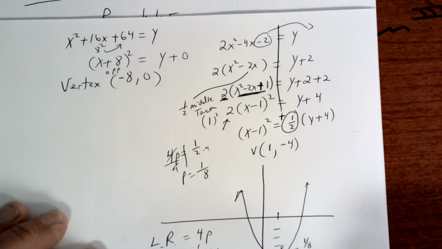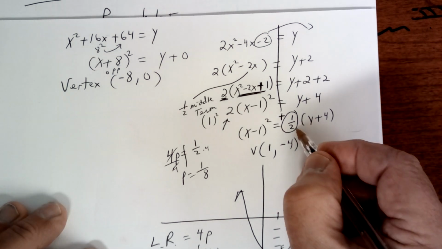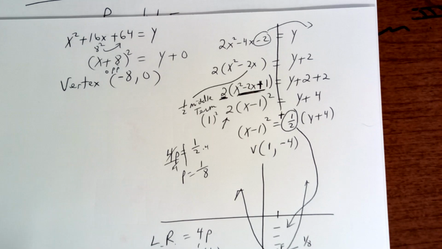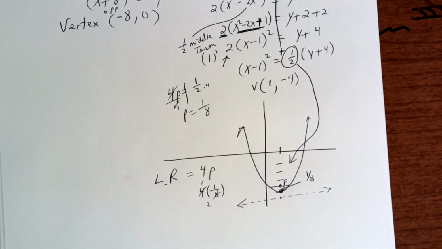So the latus rectum is going to be 1/2. And that's what we had here. That's your latus rectum. And there it is. So this is actually a pretty skinny graph, is what it is. Okay? And that's what we're doing today.